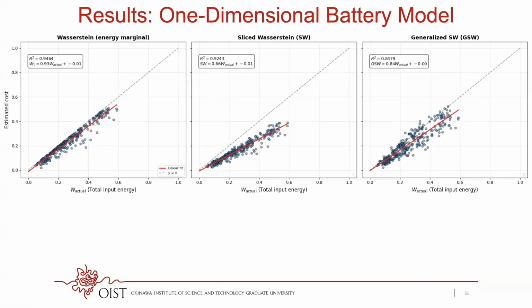Here, as you can see, we have plotted the actual charging energy cost on the x-axis, and on the y-axis the cost predicted by the metrics: Wasserstein distance, slice Wasserstein distance, and generalized slice Wasserstein distance.